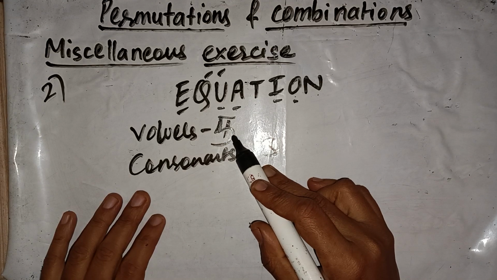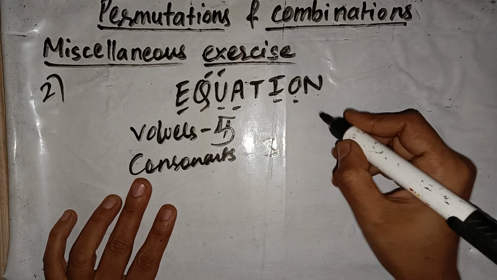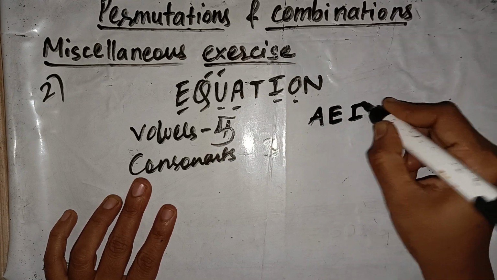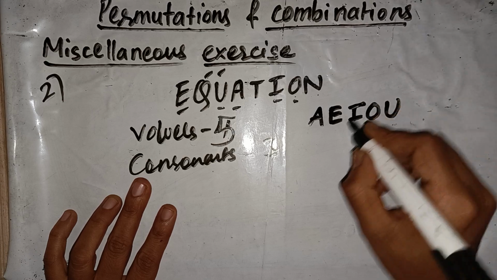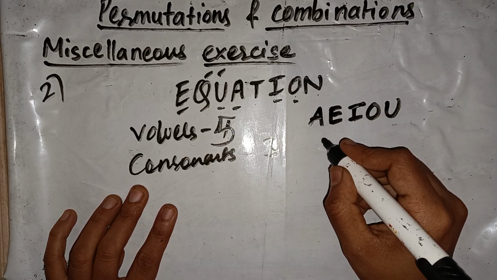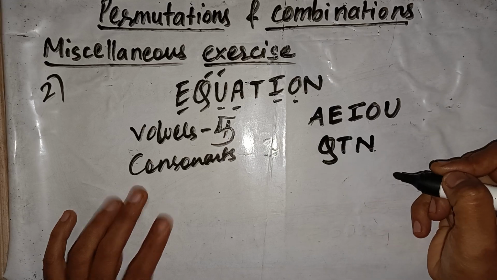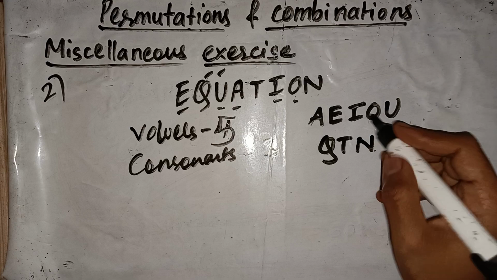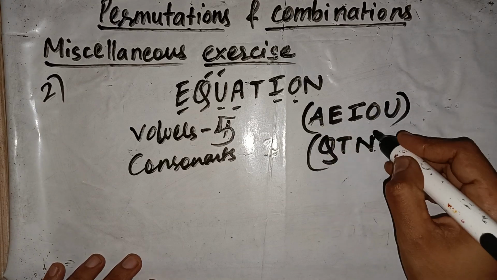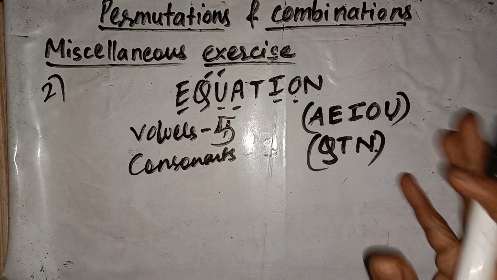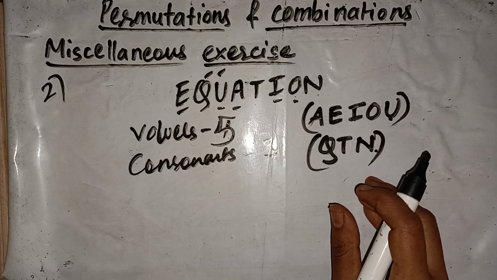So this is 5 vowels and consonants are Q, T, N. If they occur together, then only 2 groups are possible. Right. So the number of words will be what? Here there is no choosing of the letters.